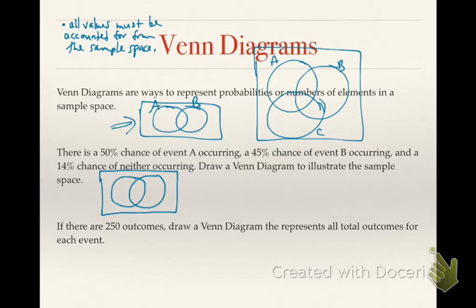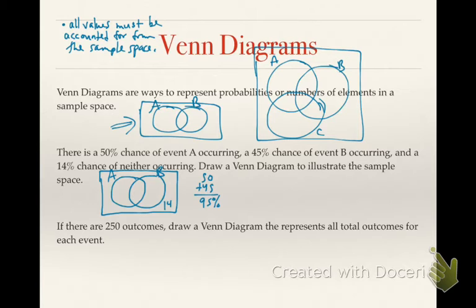Well, I know there's 50% in A and 45% in B, but I don't know what their overlap is, so I have to find that out in some way. There's a 14% chance of neither occurring, so I'm going to put a 14 outside the circles in this bottom right hand part of the diagram. That's actually going to help me figure out what the intersection is going to be, because if I add 50 plus 45, I get 95%.